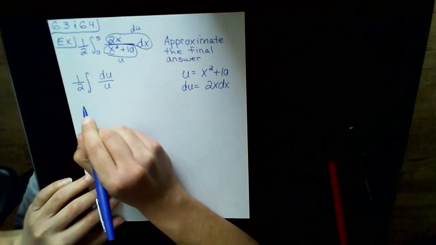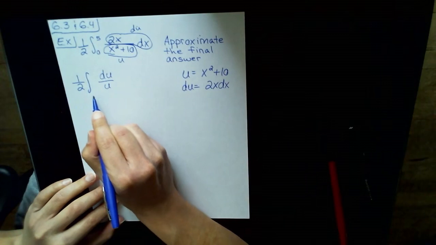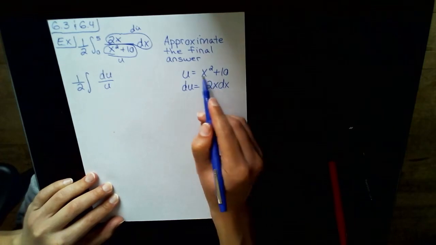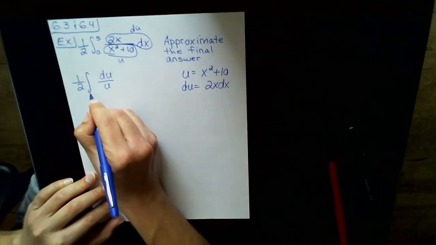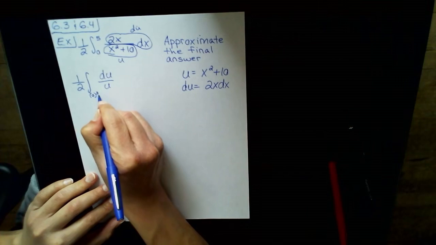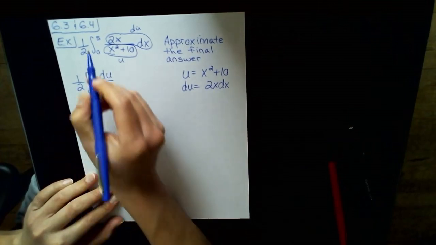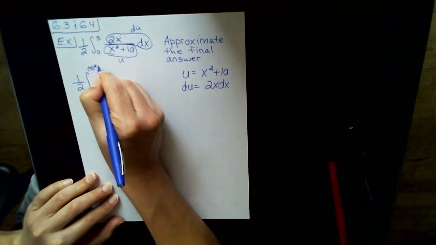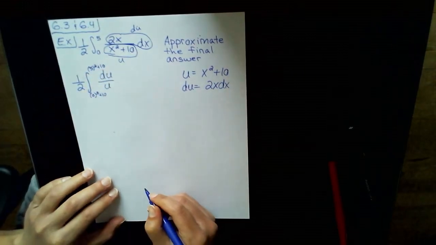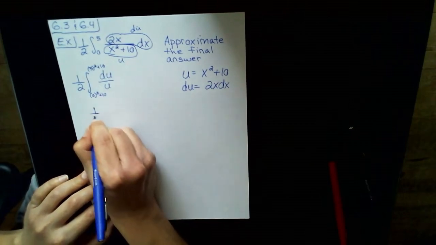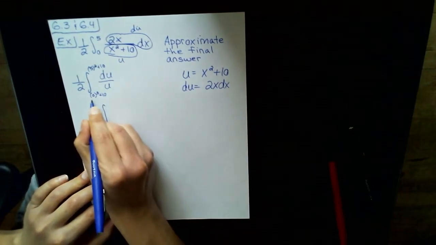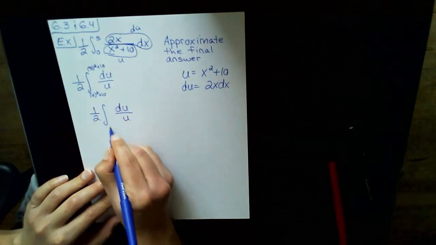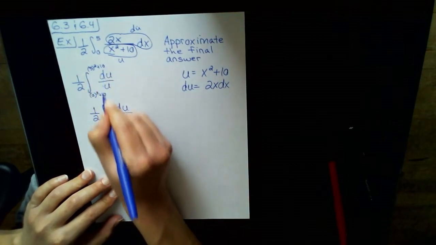And now we just have to change our limits of integration to u values instead of x values. So we plug in 0 into our u equation, which we can even do right here, gives us 0 squared plus 10. And then we plug in 5, we get 5 squared plus 10. So we have 1/2 times the integral of du over u from 10 to 35.